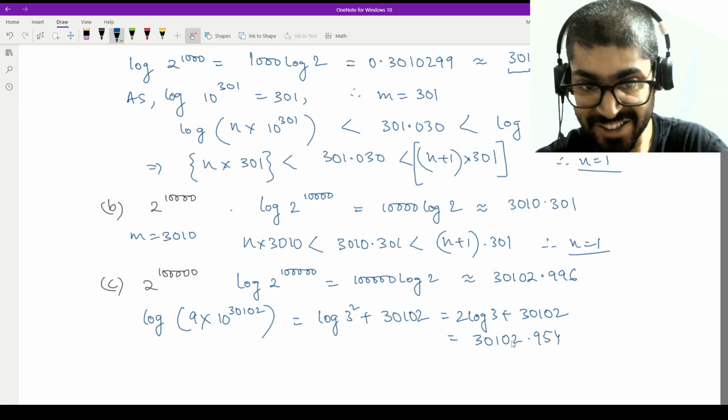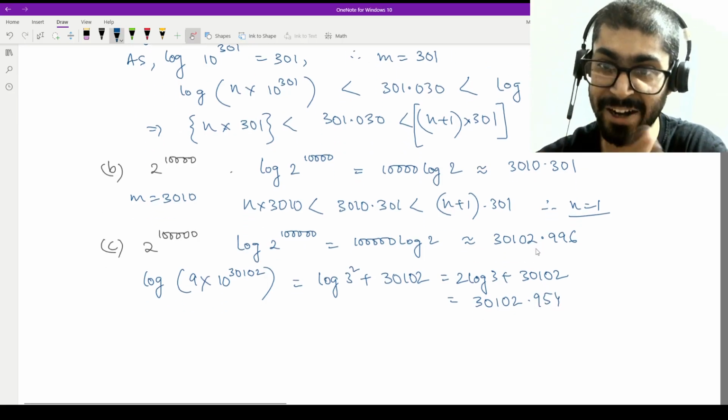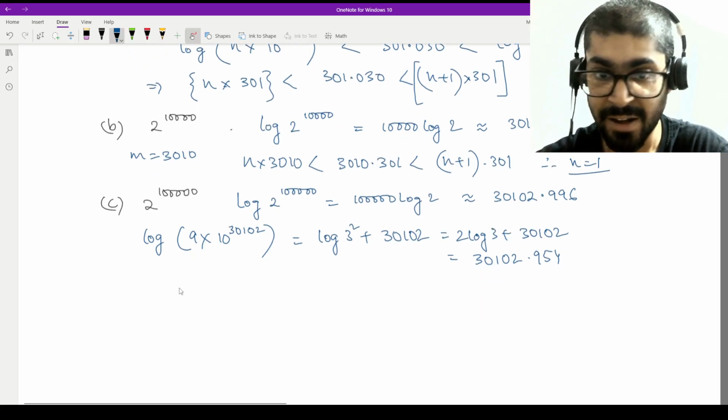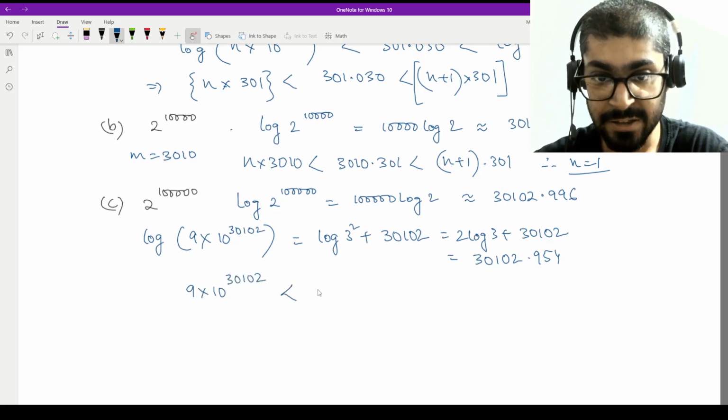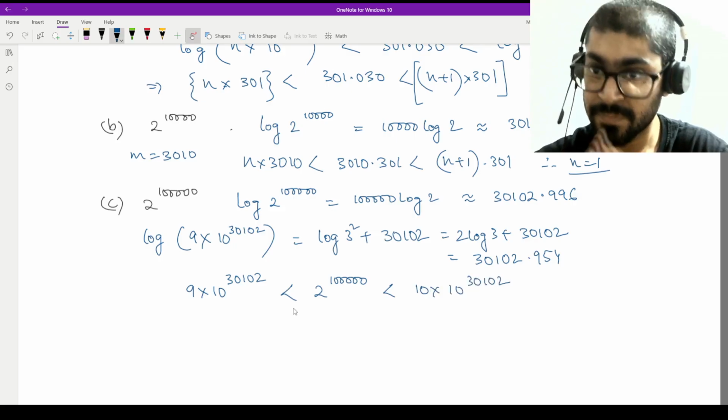So I can clearly see that the number is a bit greater than log of 9 into 10 to the power 30102. This means that I can write 9 into 10 to the power 30102 is less than 2 to the power 100,000. It's less than 10 into 10 to the power 30102, right?